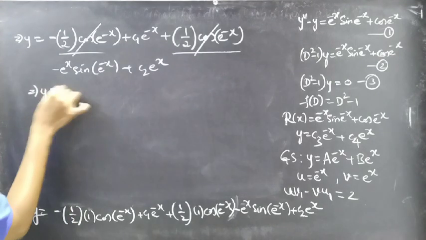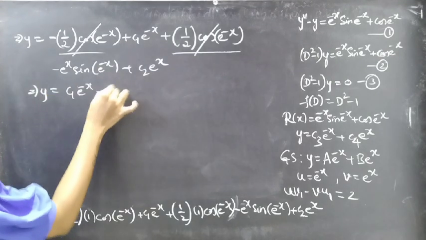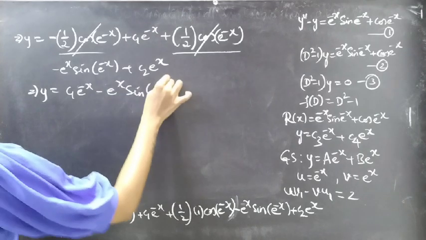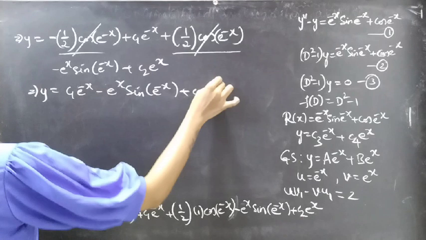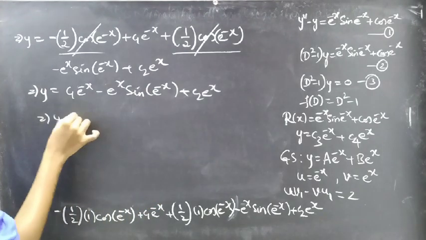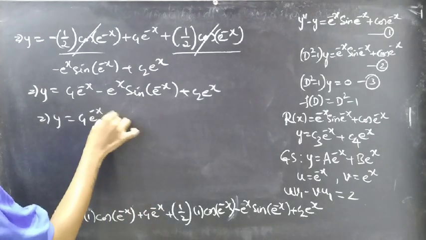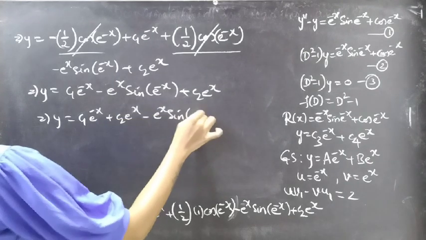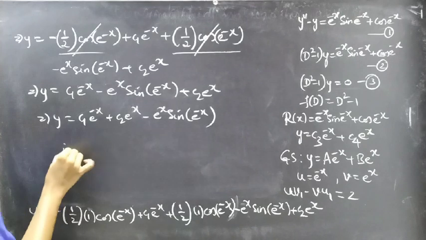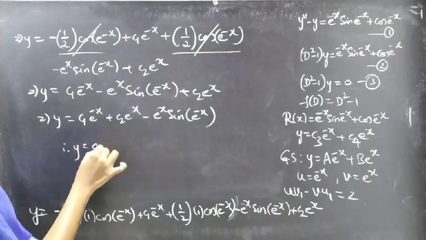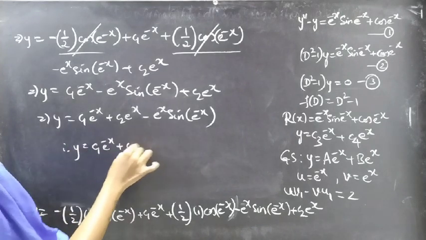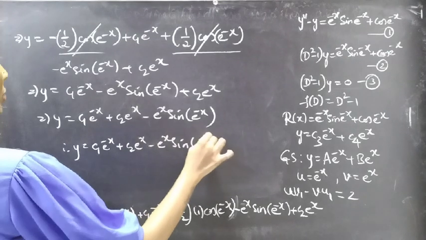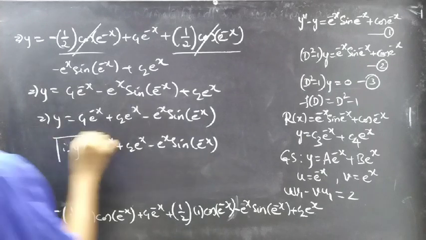This gives us y equal to c1 e power minus x minus e power x sin e power minus x plus c2 e power x, or you can write this as y equal to c1 e power minus x plus c2 e power x minus e power x sin e power minus x. Therefore, y equals c1 e power minus x plus c2 e power x minus e power x sin e power minus x, which completes the problem.